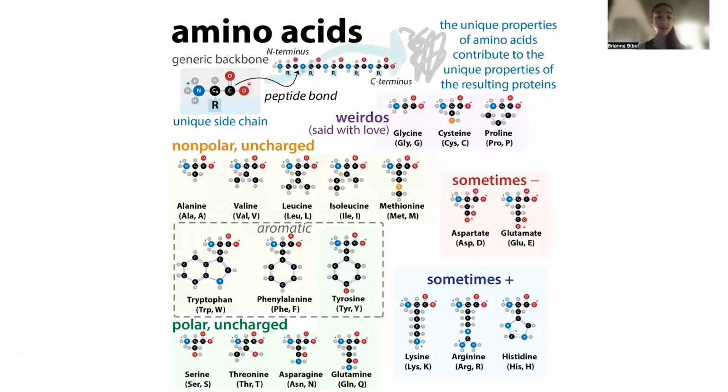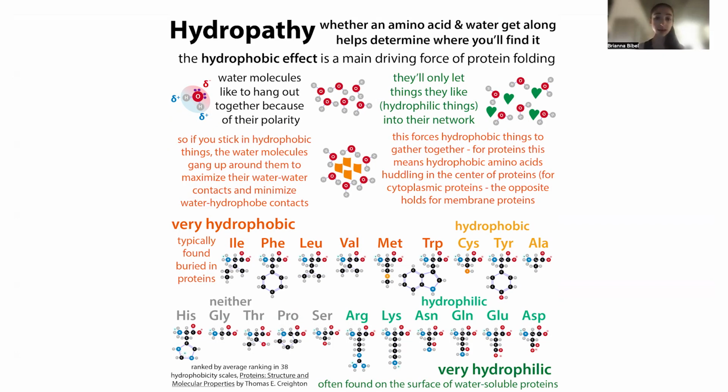And all this is promoted by the fact that those nonpolar amino acids are going to be excluded by the water. You get the hydrophobic effect, where the water molecules try to maximize their water-water interactions and minimize their interactions with these nonpolar things. You get these nonpolar things huddled together in the center of a protein.